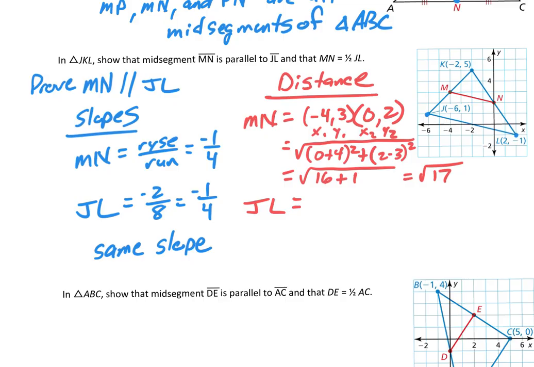Okay, for JL, we're going to do the same thing, except we're going to use the points for JL. So we have negative 6, 1, and we have 2, negative 1.